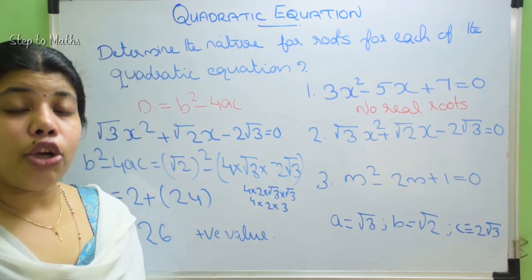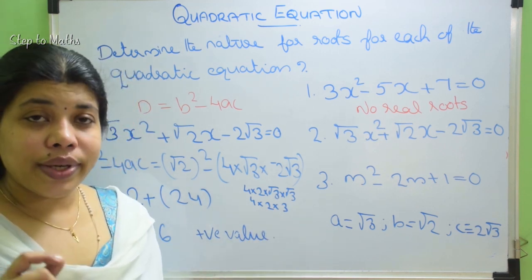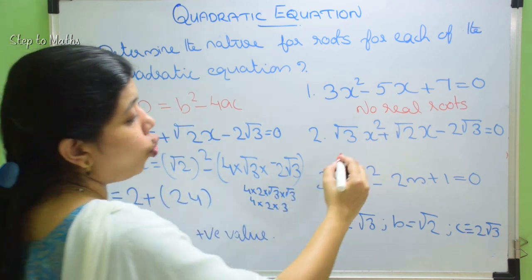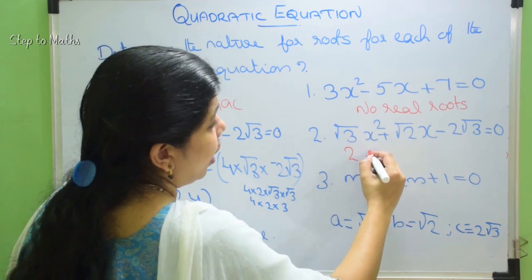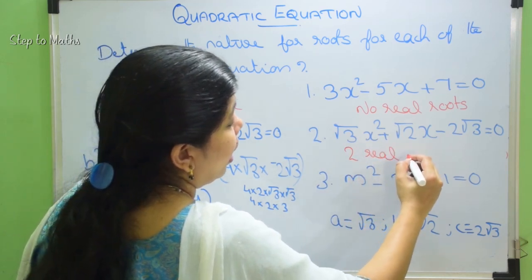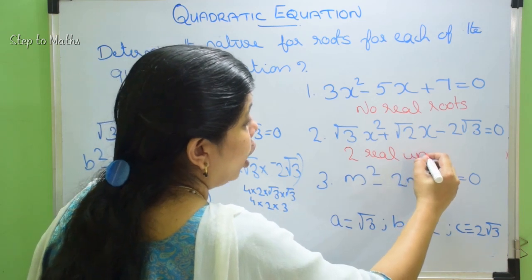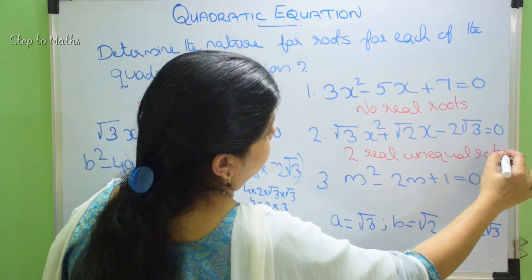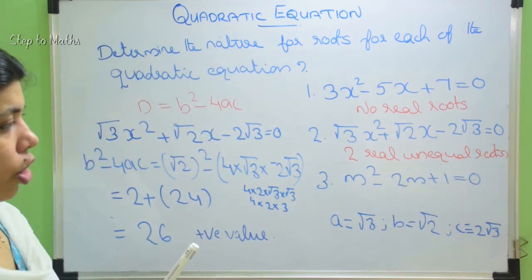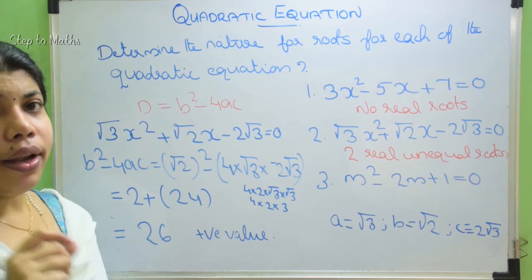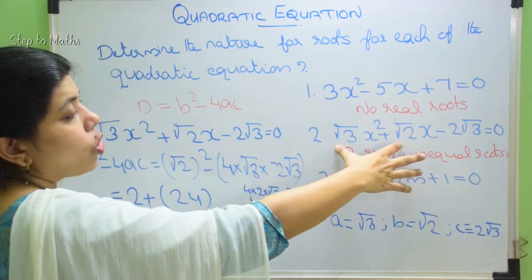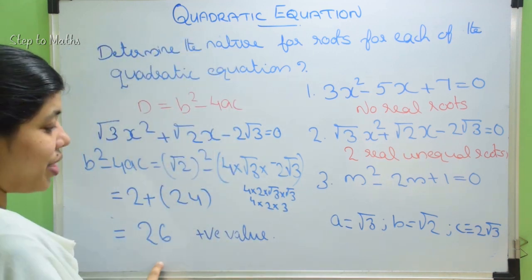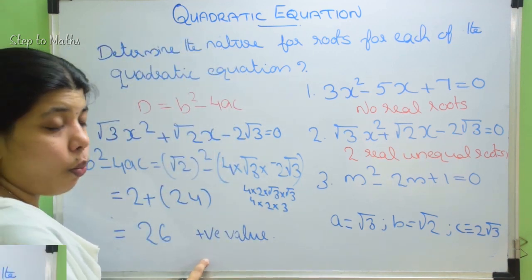If the discriminant of a quadratic equation is positive, then the quadratic equation has two real, distinct or unequal roots. So two real unequal roots for this quadratic equation, because the value of its discriminant is a positive value.